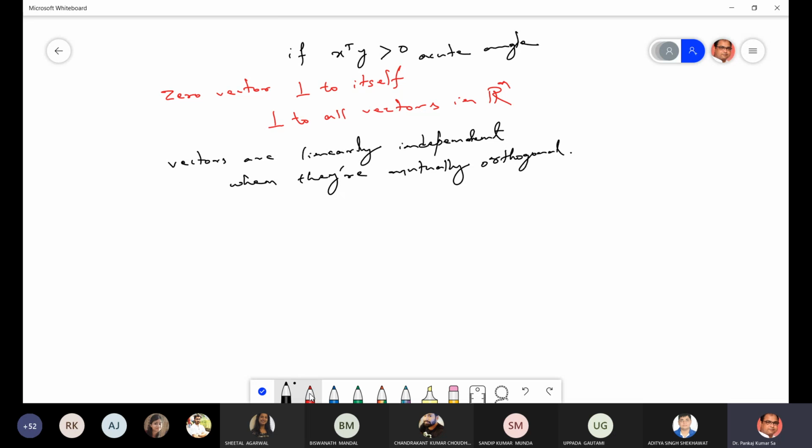That is, you take any vector that is perpendicular to every other vector.